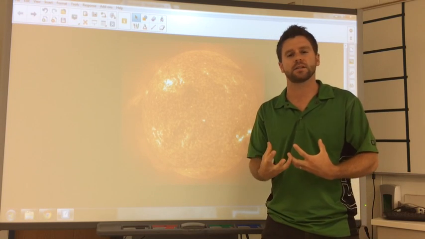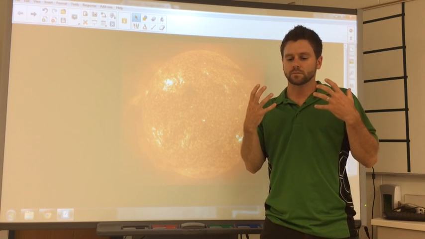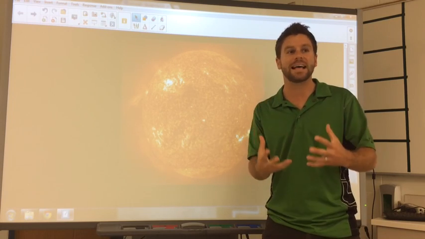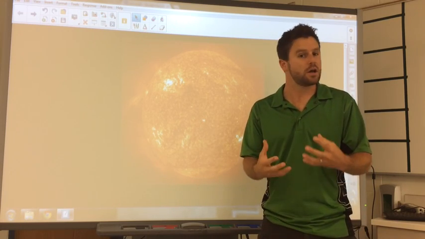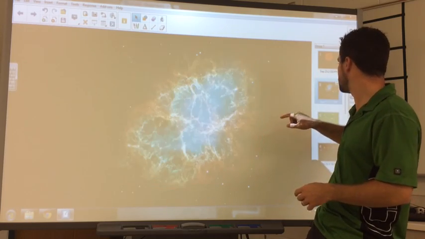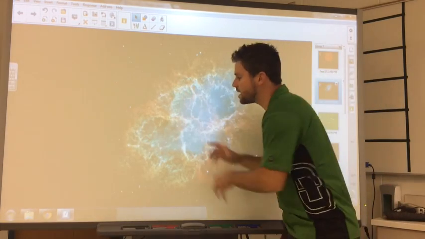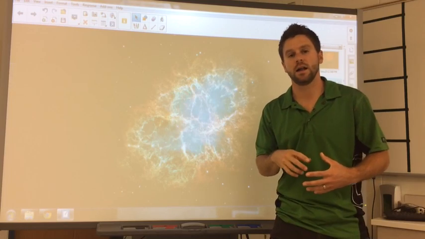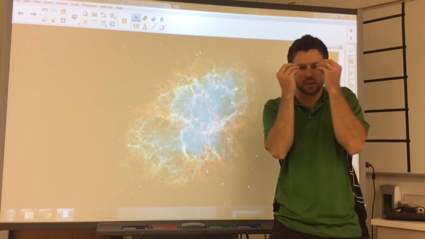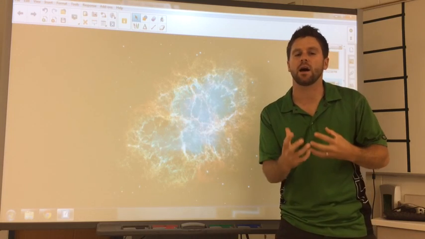And in these nebulas are the factories that produce these different massive or smaller stars. This image is a nebula out in space right now, and inside here is the workings of the beginning of a star.